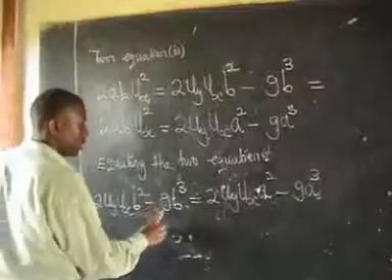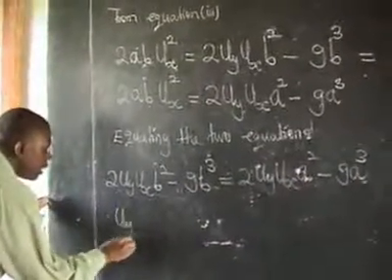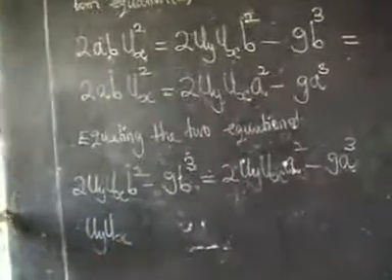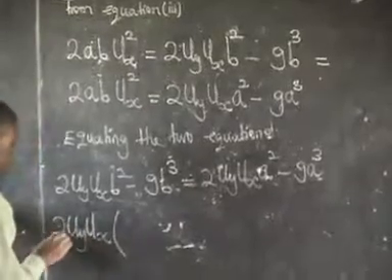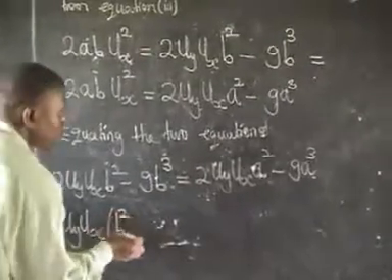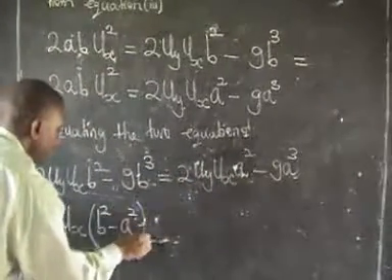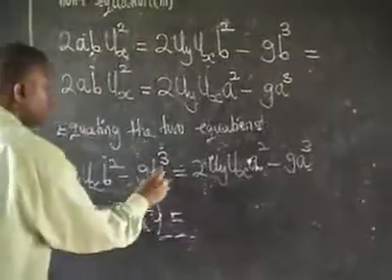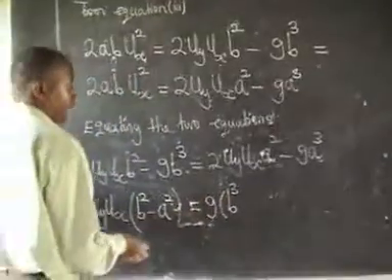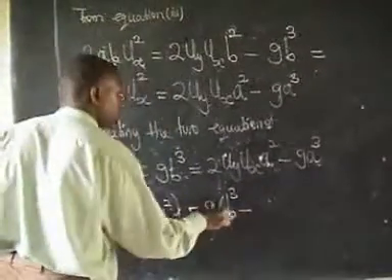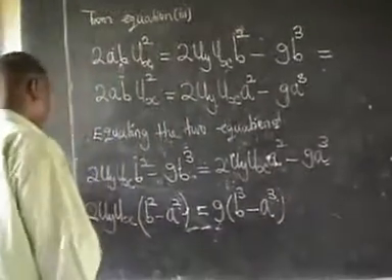So I'm bringing this and taking the other to the other side. So we shall have our uy ux into 2b squared minus 2a squared is equal to g into b cubed minus a cubed.